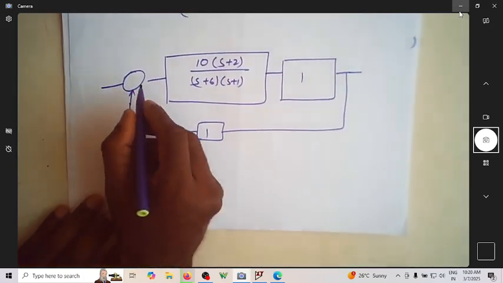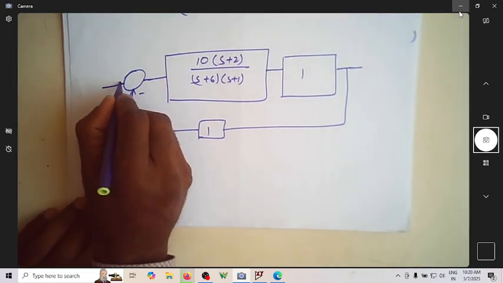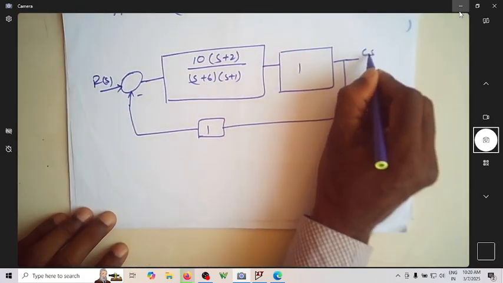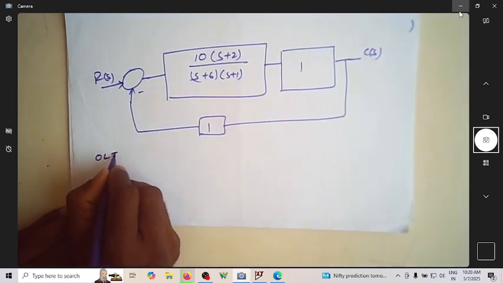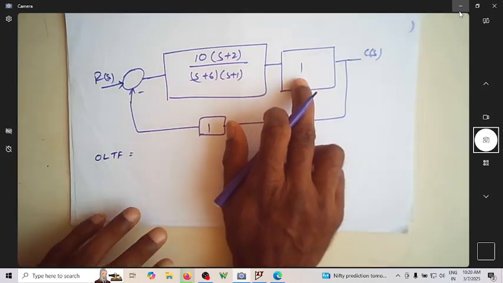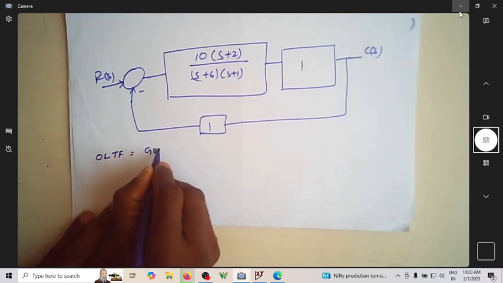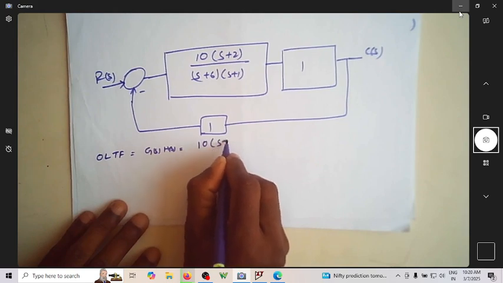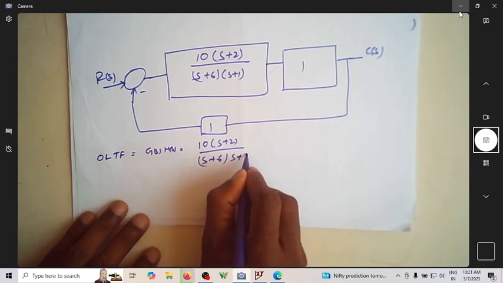So can I know what the open loop and closed loop positions are? This is R(s), this is C(s). What is your open loop transfer function? Since the dummy block is 1, it is actually G(s) into H(s). What is G(s)? It is 10 into (s plus 2) by (s plus 6) and (s plus 1).